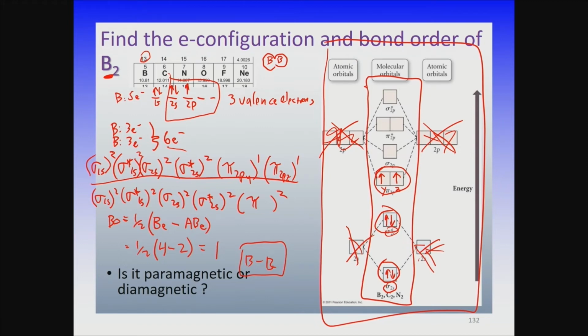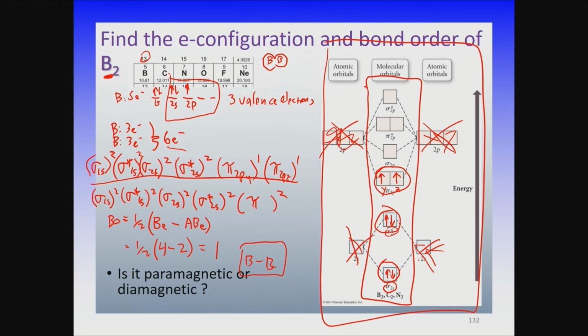Let's remind ourselves when you have a diamagnetic atom or molecule. You have a diamagnetic atom or molecule when, for all the orbitals that have electrons, you always see a pair in the orbitals. If all orbitals have pairs of electrons, then that molecule will be diamagnetic. On the other hand, a molecule will be paramagnetic if there's at least 1 orbital that does not have a pair of electrons, but rather has a single unpaired electron.